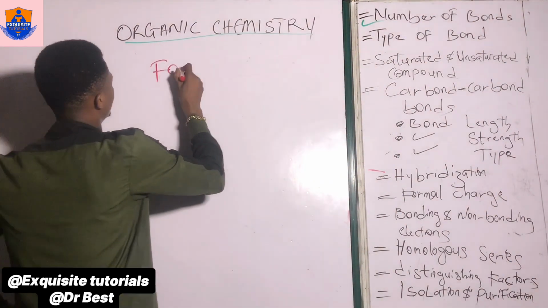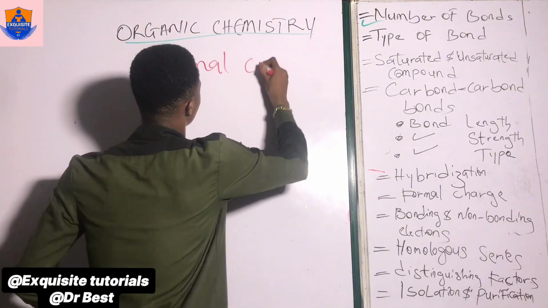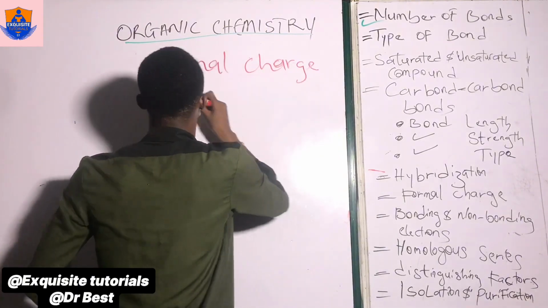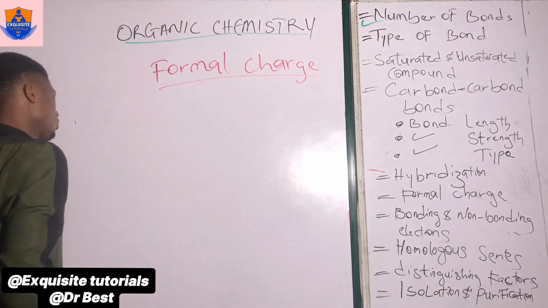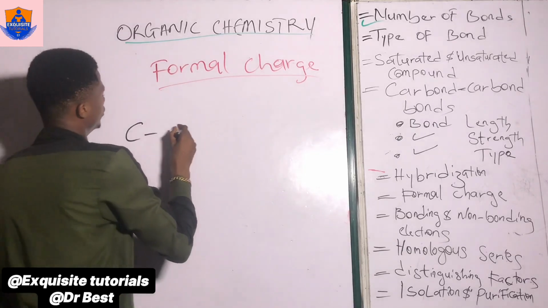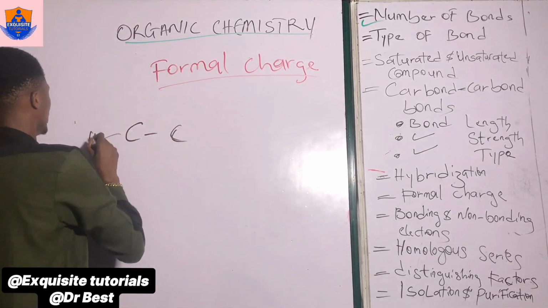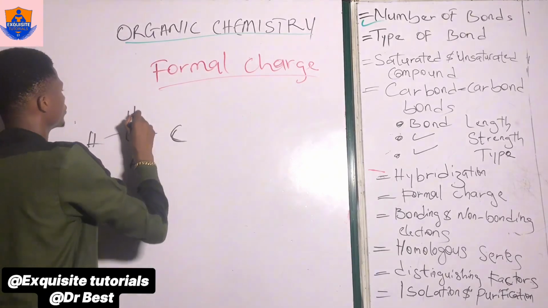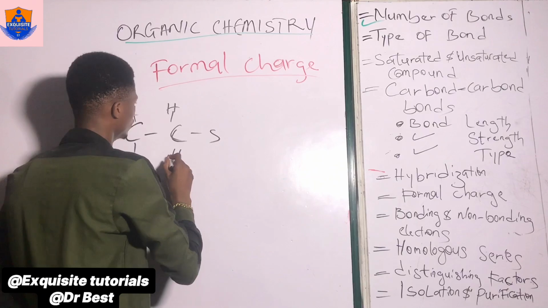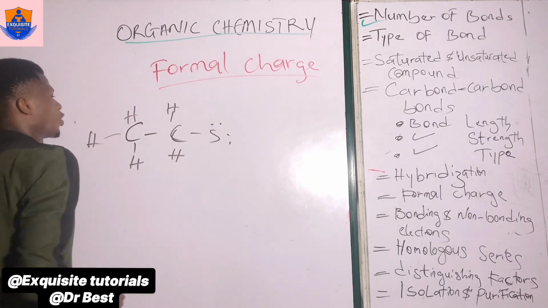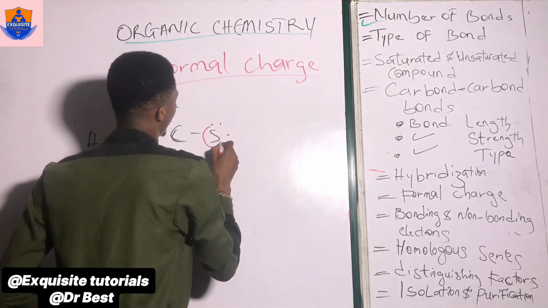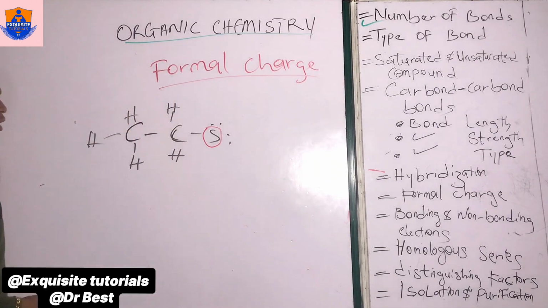Now let's say we have a compound like this, and first of all you are asked to determine the formal charge of sulfur in this compound.